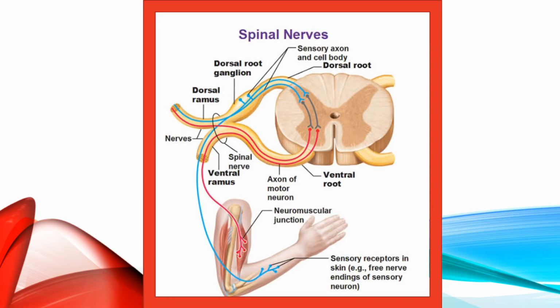And if something happens to both roots, then both functions, sensitivity and motor function, will be lost. Likewise, if something happens to the spinal nerve, which consists of both sensory and motor fibers, the area innervated by this spinal nerve will lose both sensitivity and motor function.